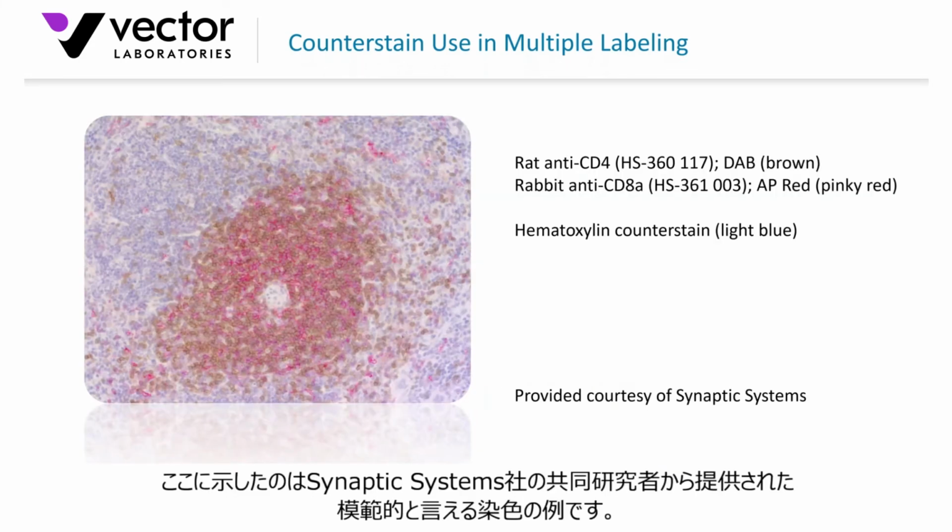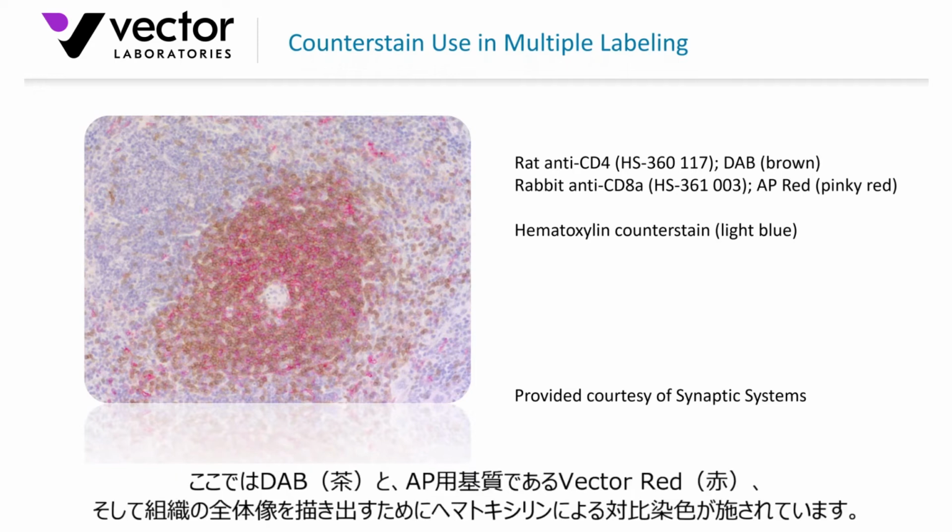What I've got here, though, is a very nice example of a double label with a hematoxylin counterstain. This was very nicely donated by our colleagues at Synaptic Systems. You've got a DAB highlighted here, brown DAB, contrasting with the pinky red alkaline phosphatase, Vector Red here.